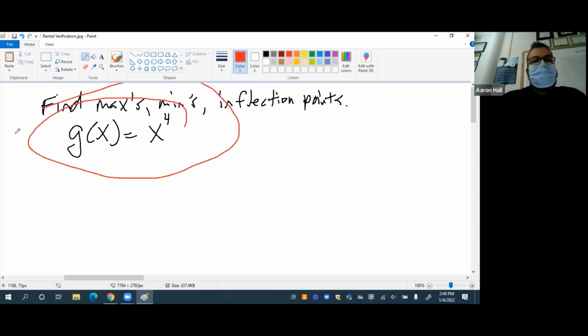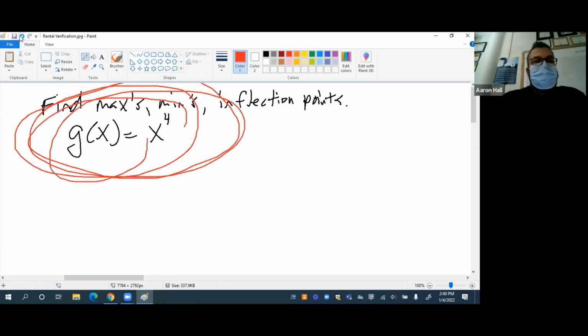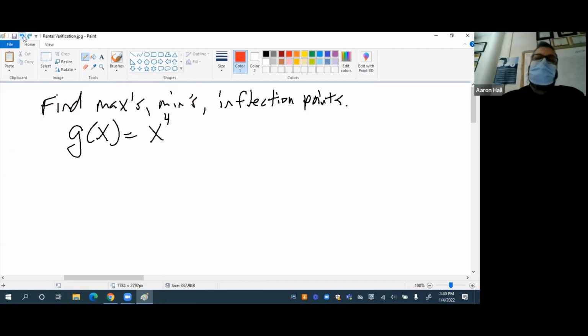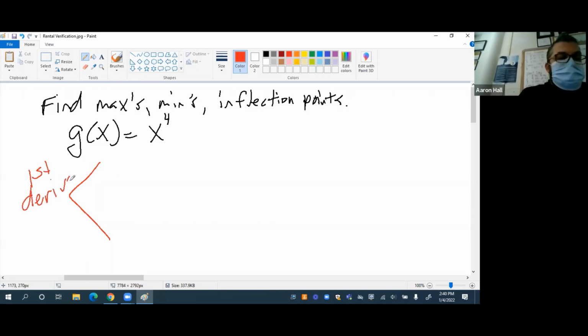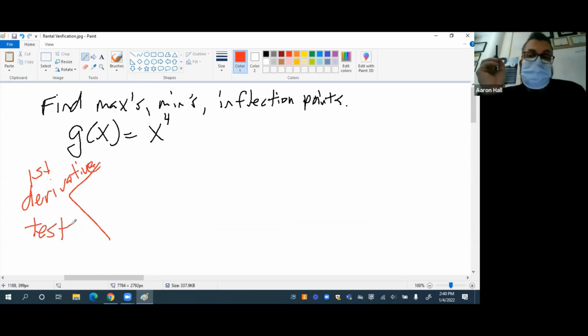Okay, what do I do first? If I find the first derivative, what am I doing? This is my first derivative test, and in the first derivative test I'm really looking for a max or a min, right?